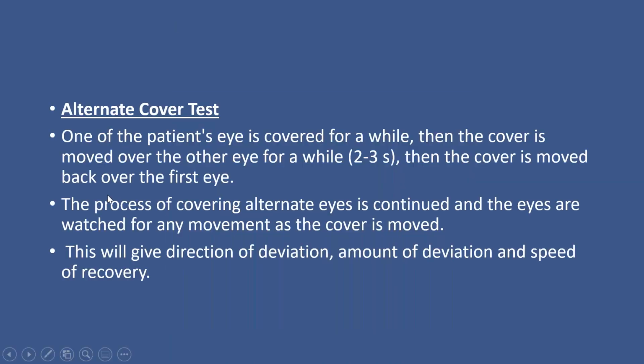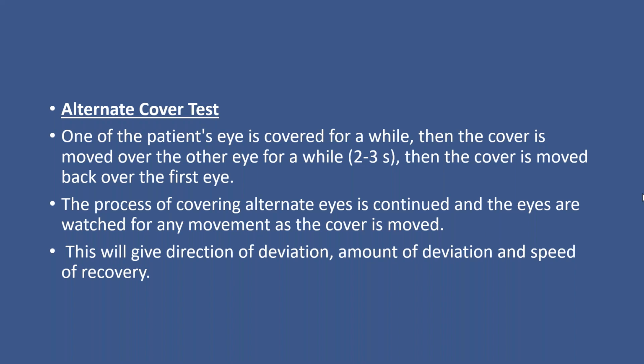So did you people understand how to do a cover-uncover test? Okay. So which eye do you cover first while doing a cover-uncover test in a patient who has a manifest squint? Perfect.